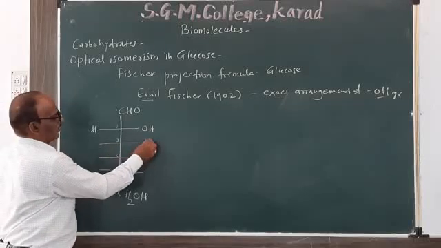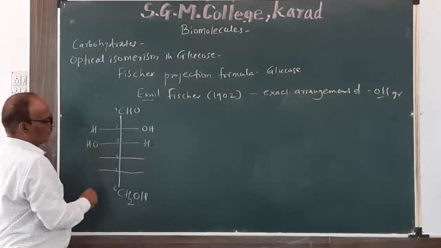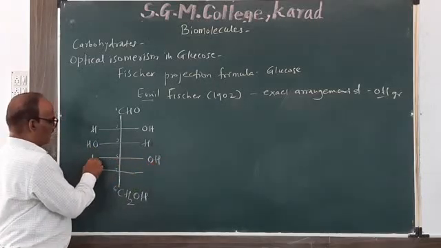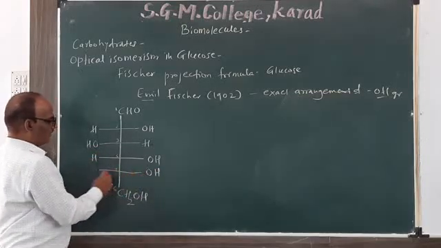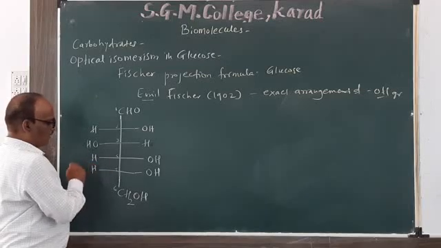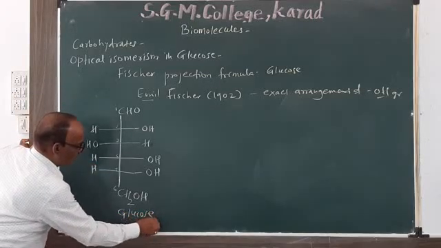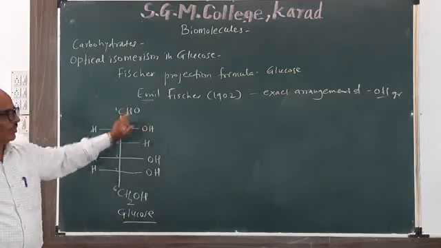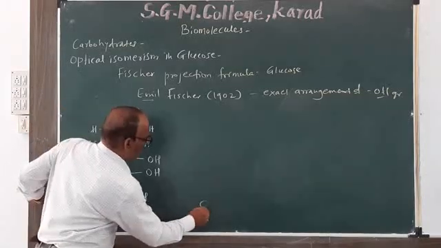Third carbon atom, H on RHS, OH on LHS. Then at carbon number 4, OH on RHS, H on LHS. And carbon number 5, OH on RHS, H on LHS. This is the formula of glucose, and it is called the Fischer projection formula. Then we take another compound, gluconic acid.